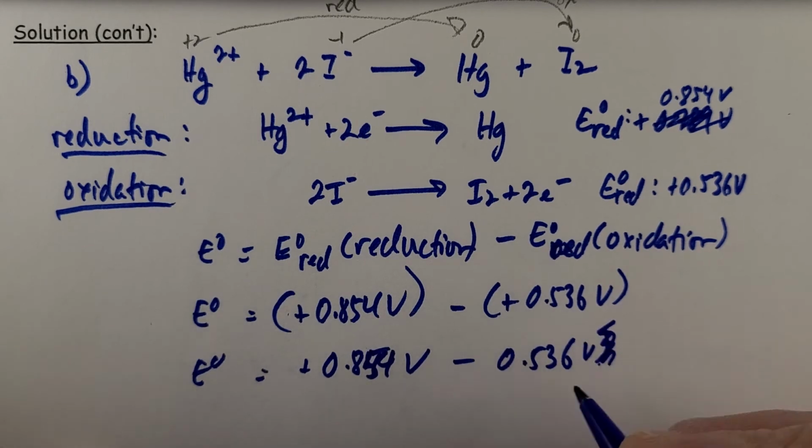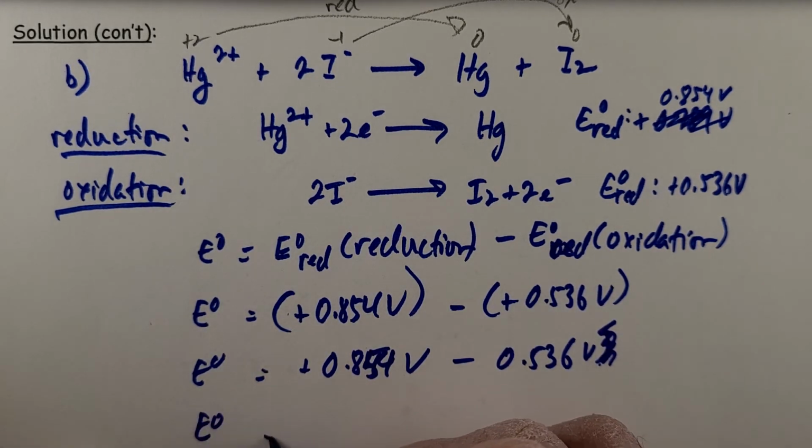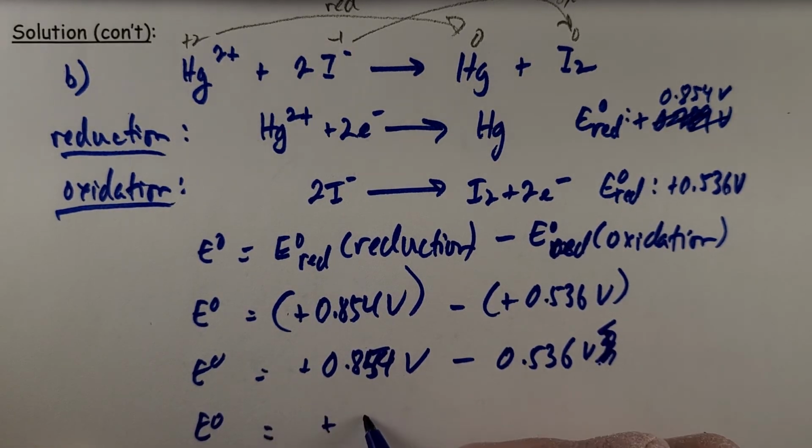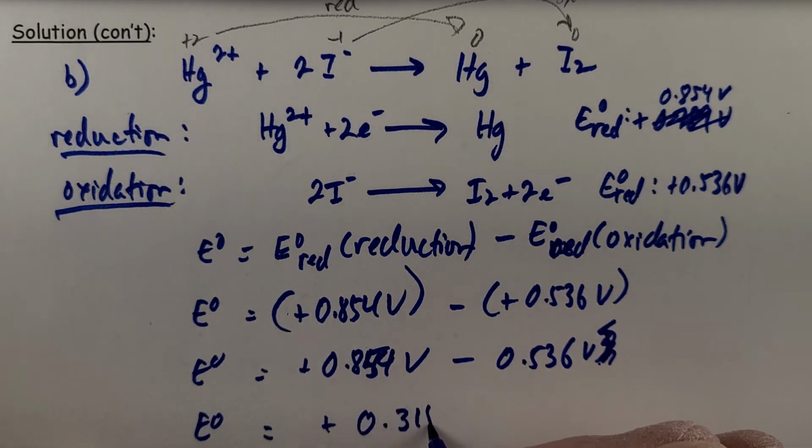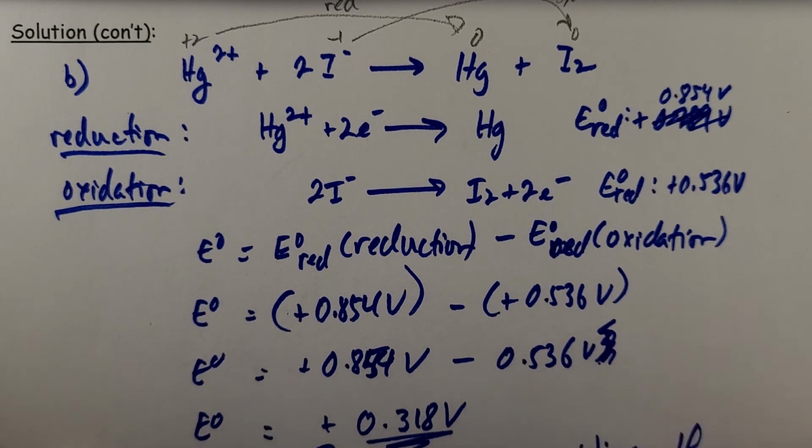Oops, don't need a bracket there. Trying so hard not to be messy here. Plus 0.318 volts. Therefore, since E is positive, the reaction is spontaneous. Ooh, brain freeze. Spontaneous.